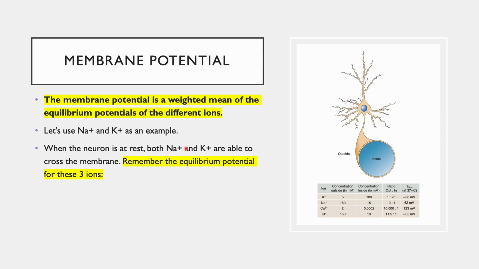When the neuron is at rest, both sodium and potassium are able to cross the membrane. And we need to know the equilibrium potential for 3 key ions. The equilibrium potential for potassium is negative 80 millivolts, and the equilibrium potential for sodium is 62 millivolts, whereas chloride's equilibrium potential is about negative 70 millivolts.